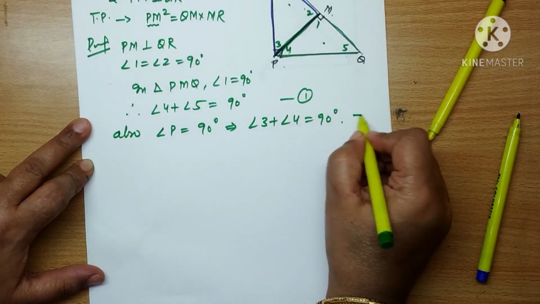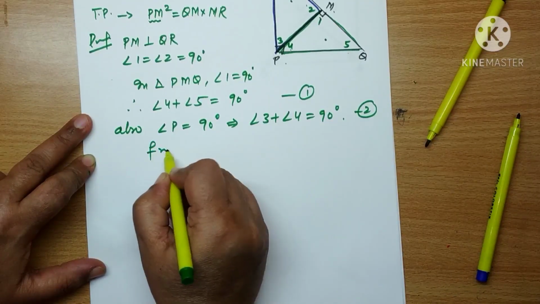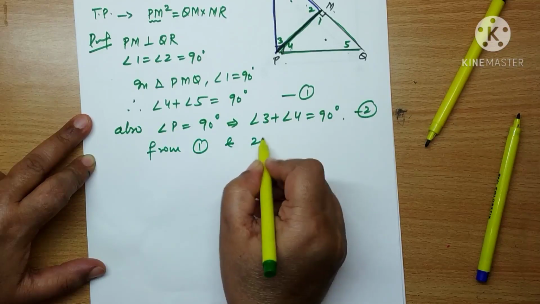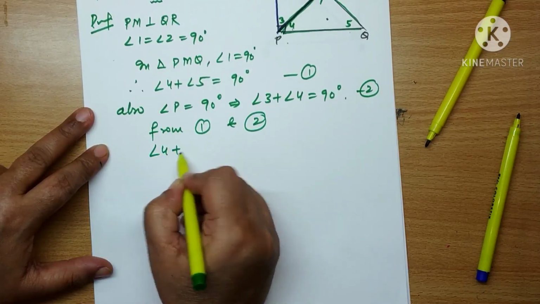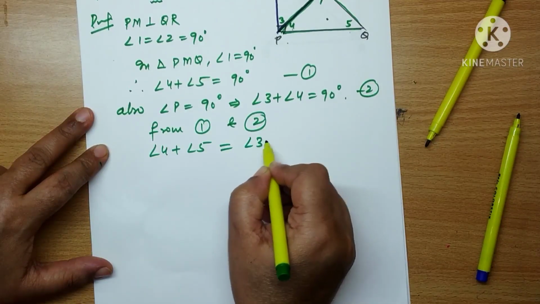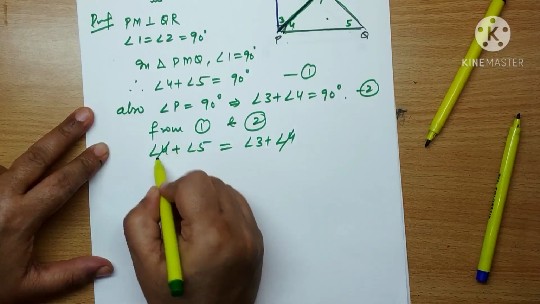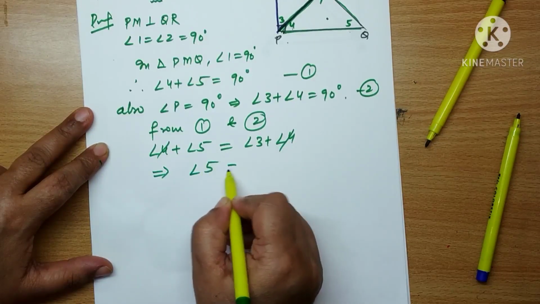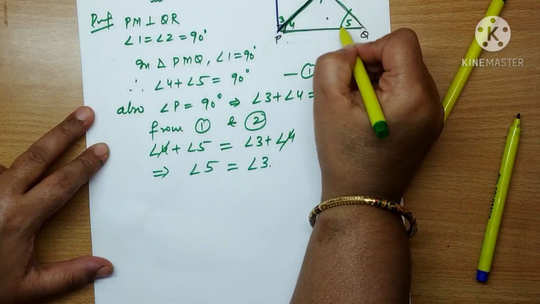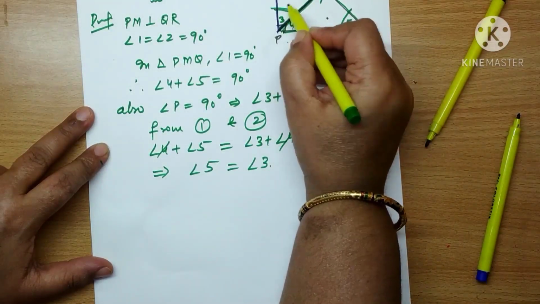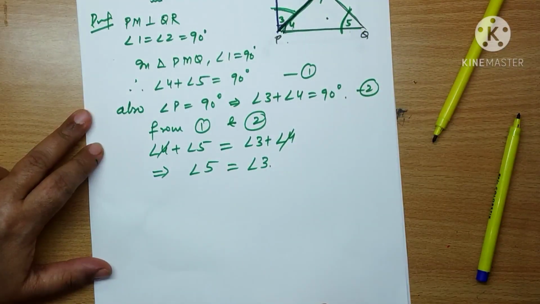So, from 1 and 2, what do we get? Angle 4 plus 5 is equal to angle 3 plus angle 4. So 4 and 4 go away, and I get angle 5 is equal to angle 3. This is what we're getting.